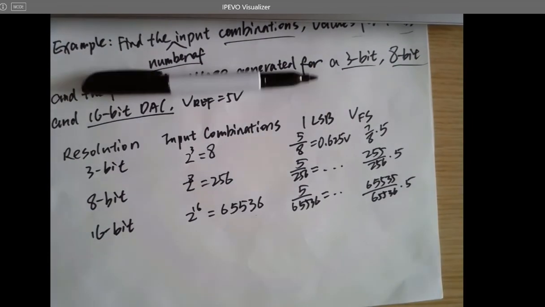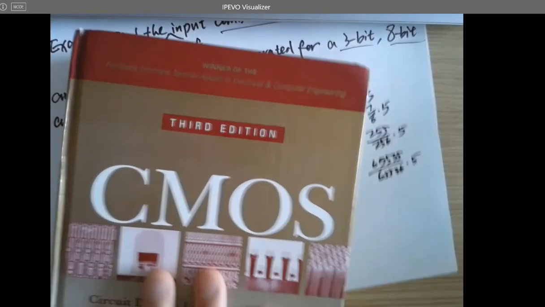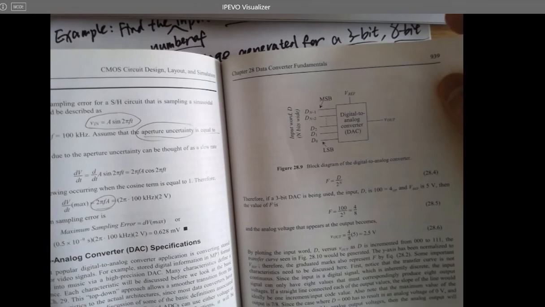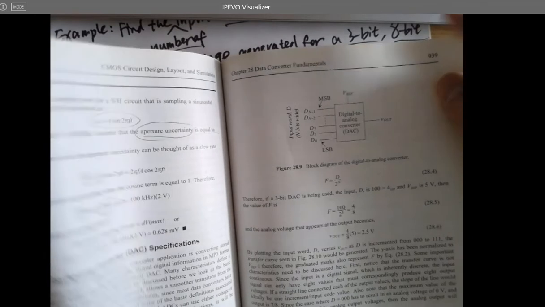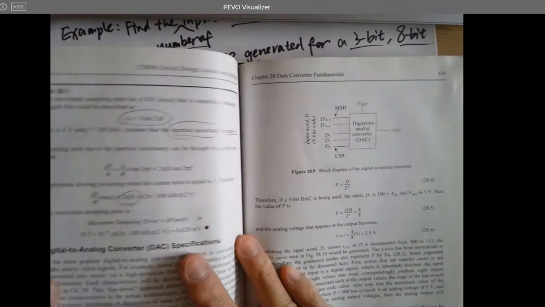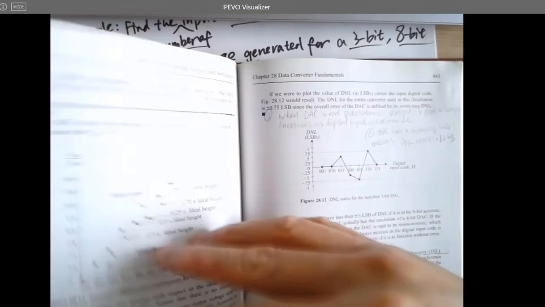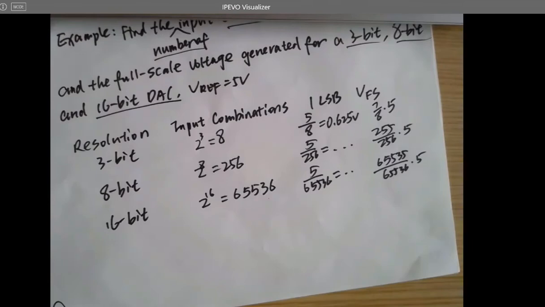So the DACs and ADCs are covered in this textbook. If you want more information, you can read this chapter 28, data converter fundamentals. We'll cover the important concepts you need to know.